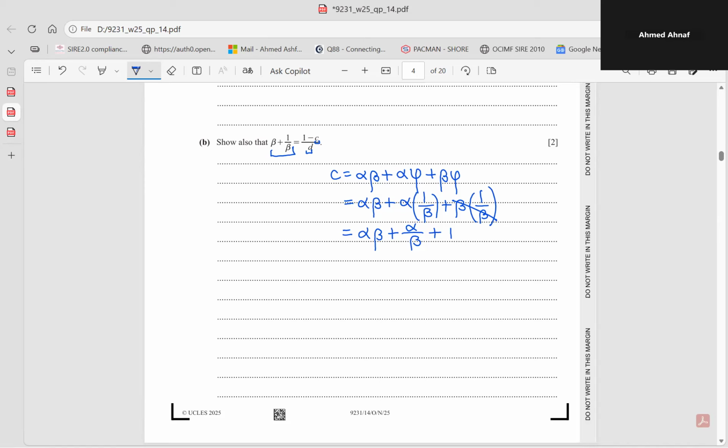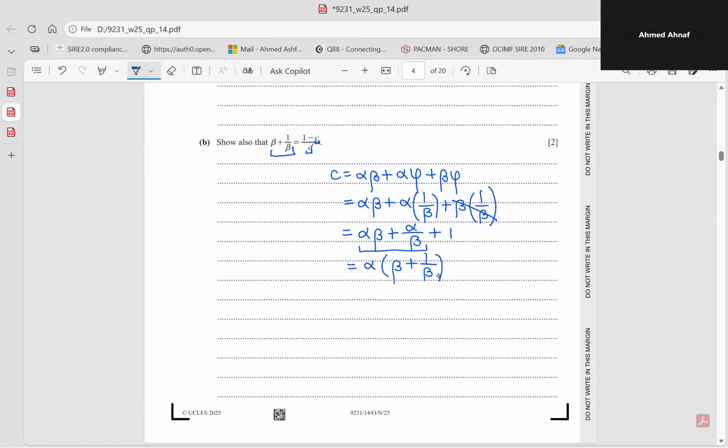I think we can stop here. Wait, actually, if you realize, the first two terms actually have a common factor that we can factor out, which is alpha. So we'll do that for only the first two terms. Doing that, you'll get alpha times beta plus 1 over beta, plus 1.